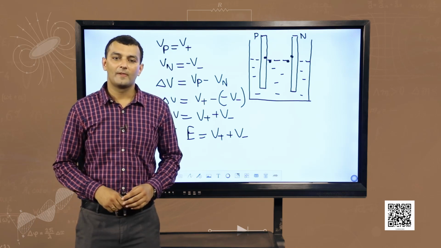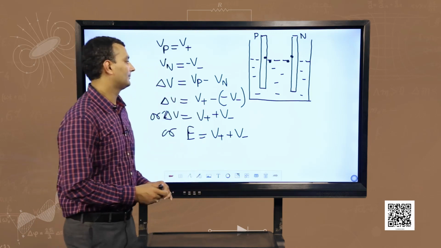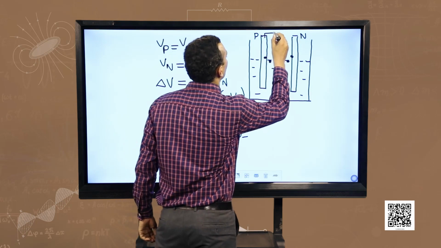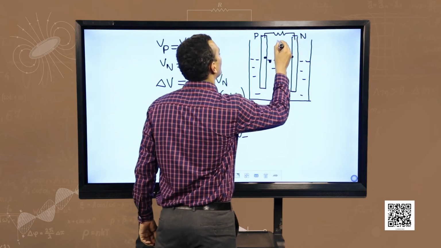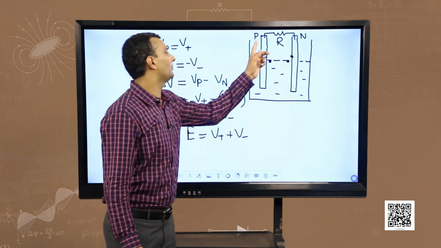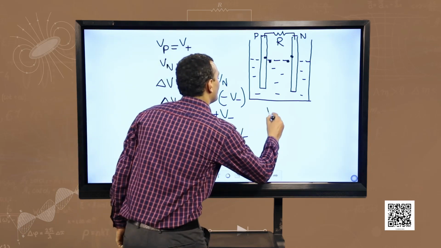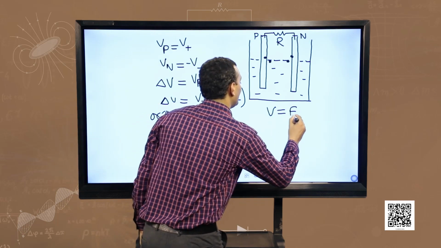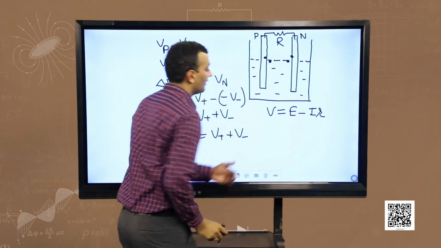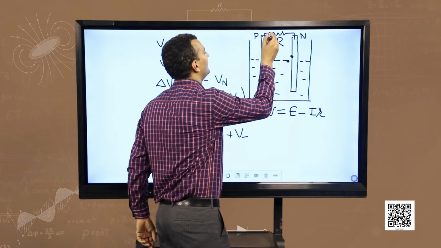Consider the situation when the cell is connected across a resistor R. In this situation, the relation between the potential difference V and the EMF is given by V equals E minus Ir, where I is the current drawn from the cell.